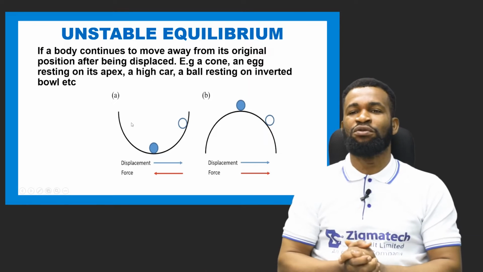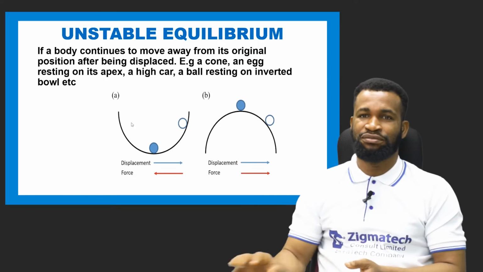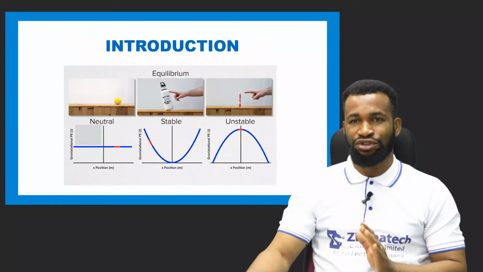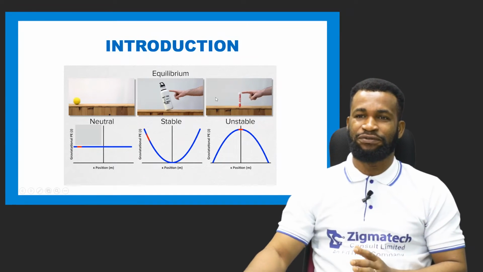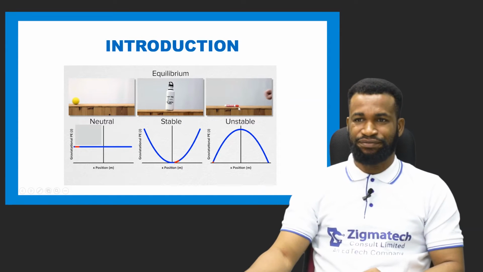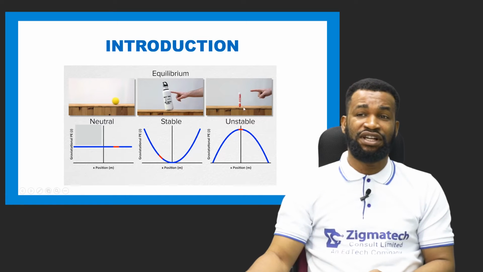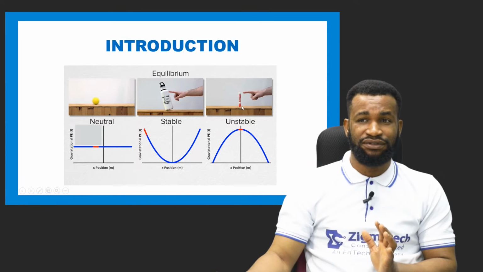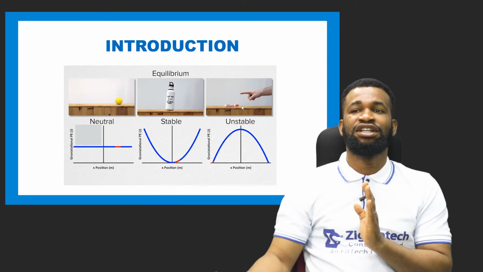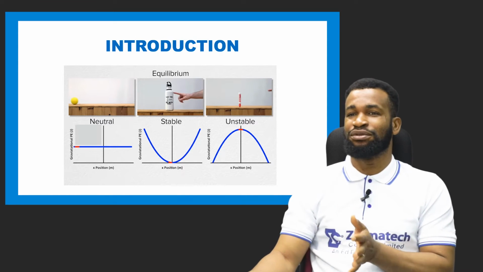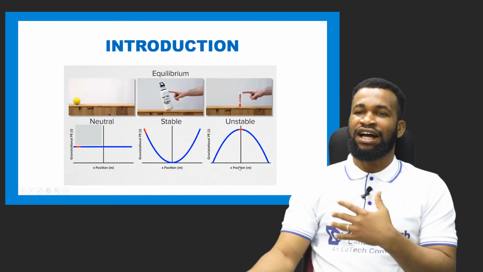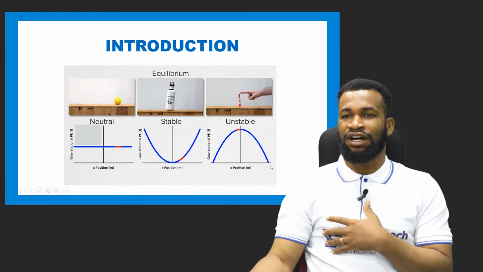Now let's talk about the one we call unstable equilibrium. Let's go back to the previous video that I showed you. Look at this one, at the far left corner, the marker. When it is pushed a little, what happens? Any little push you give to it, it falls. Very unstable. And then look at this kind of graph.